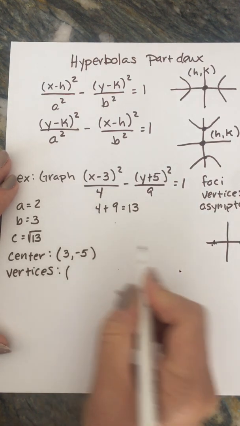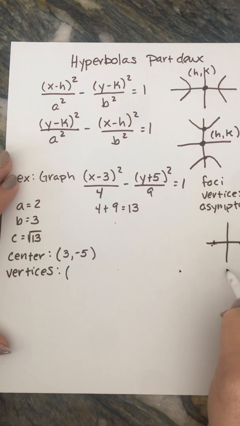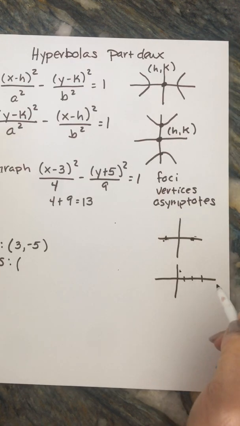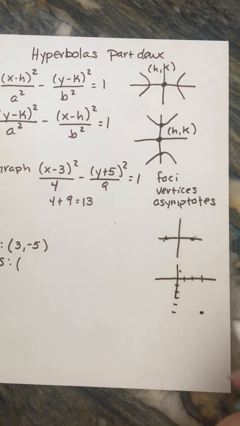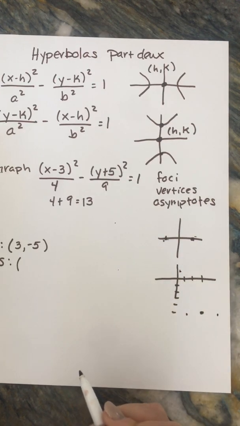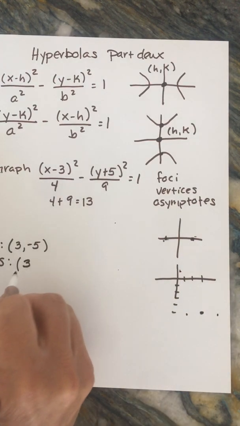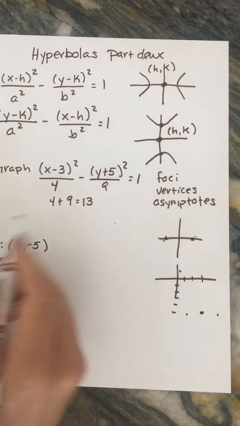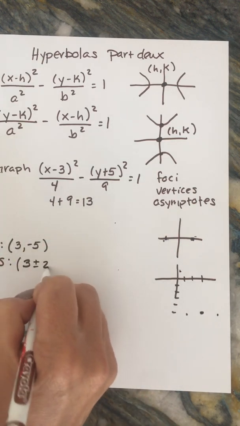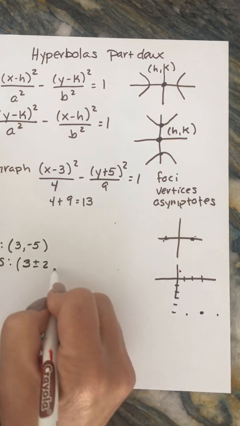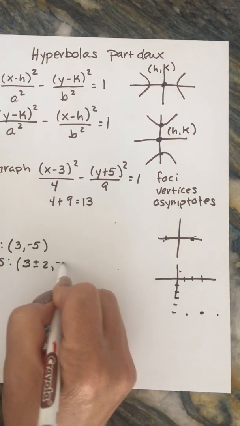Let me draw another little picture over here. My center is at 3, negative 5, so the center is down here. We're going to move a units in either direction. So I start at 3. I'm going to move plus 2 and minus 2. But my y will remain negative 5.